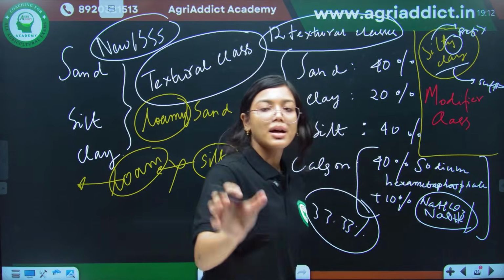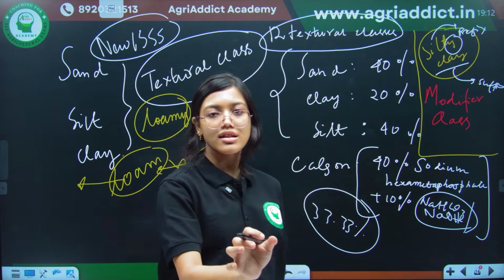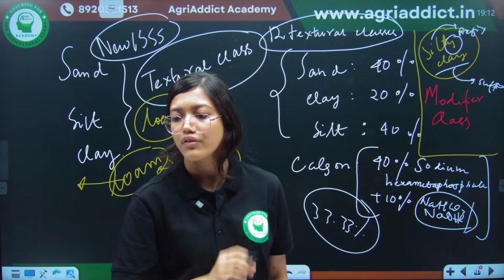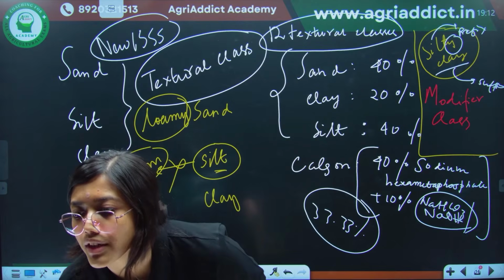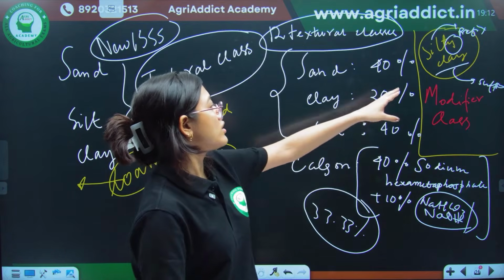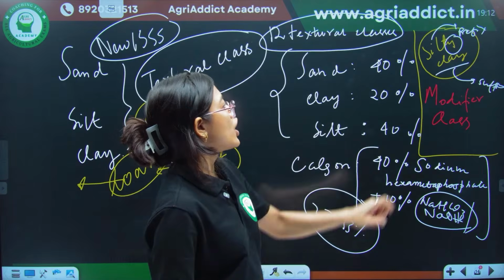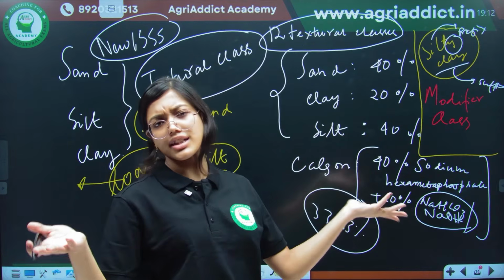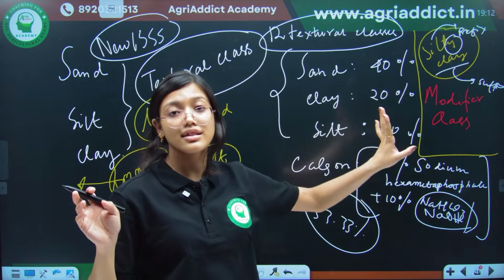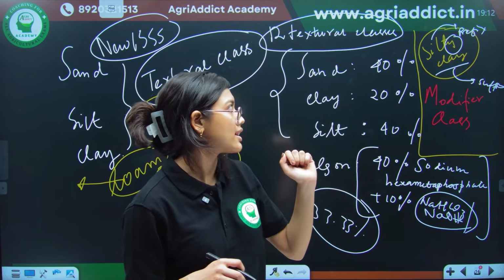That means the next dominant fraction will influence the texture of your soil. If it is 40%, it will be clay, yes. That is called a modifier class, the prefix that we add. In the case of clay, we know it is greater than 40%, no issues, but then silt is the next dominant material.